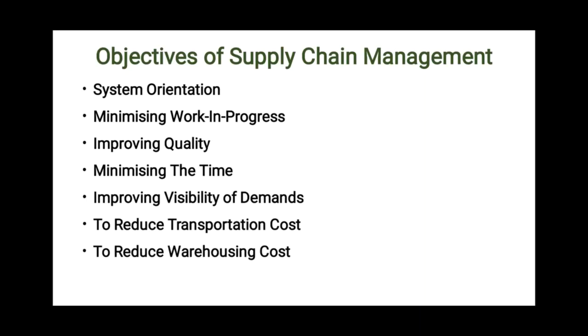Next objective is to reduce warehousing cost. As SCM includes storage of inventory in warehouse, supply chain management aims to reduce the cost of that warehousing by less holding up of inventory.